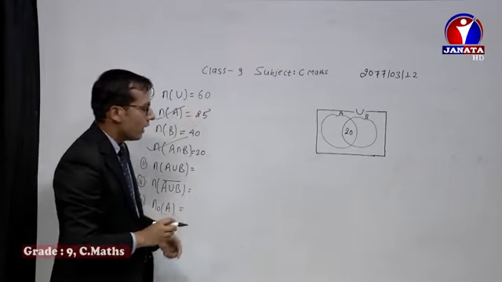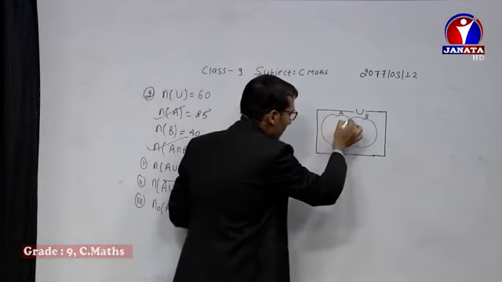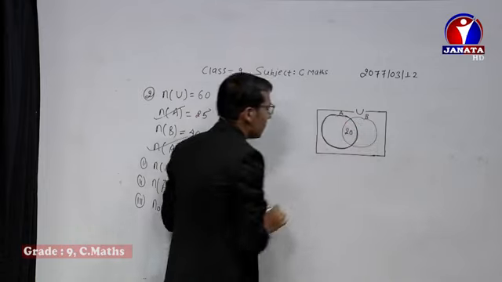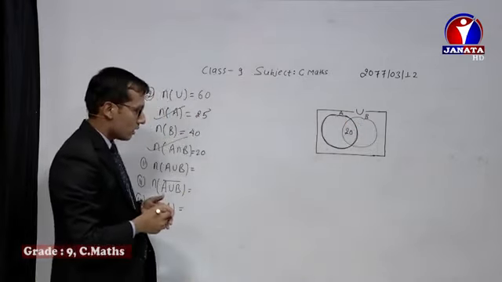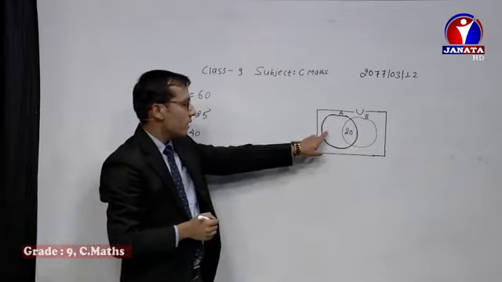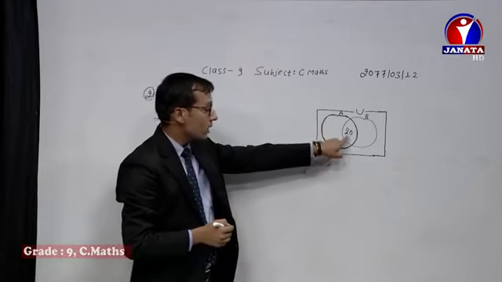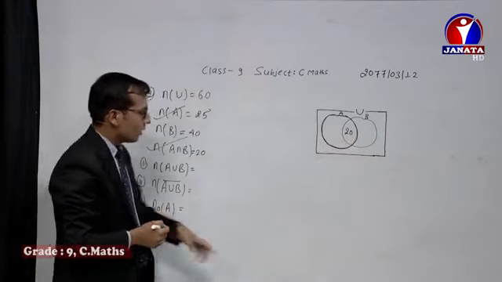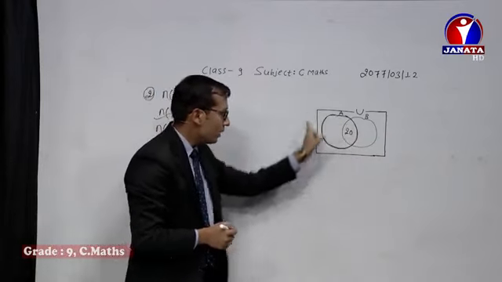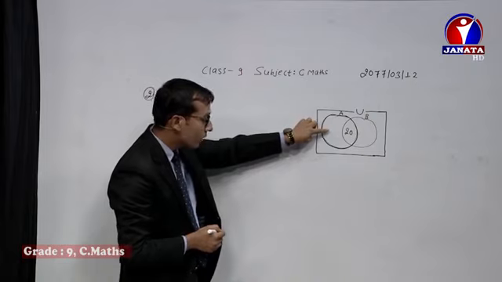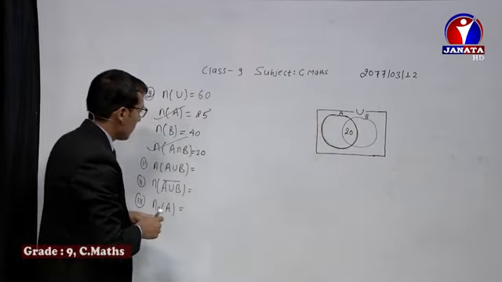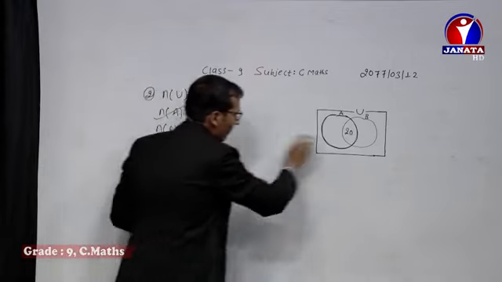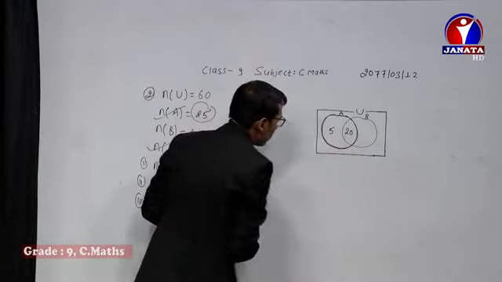Look at n of A, the complete circle in the diagram. n of A consists of two regions, only A plus intersection. So if we deduct the intersection from n of A, we can obtain the number for n only A. So total n of A is 25, so 25 minus 20 is 5.